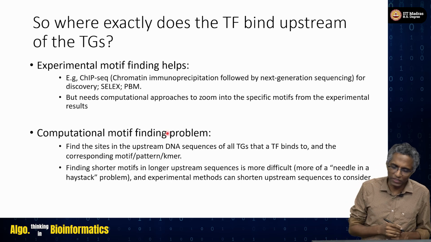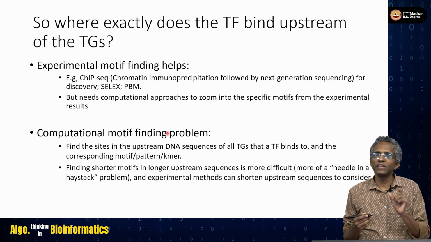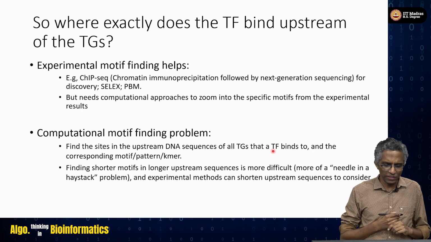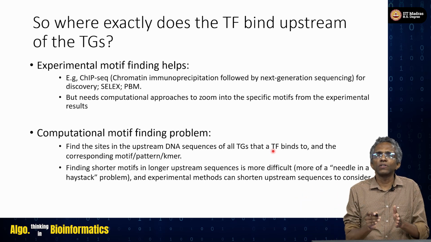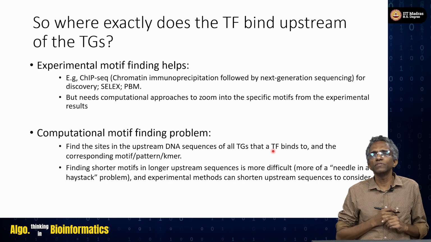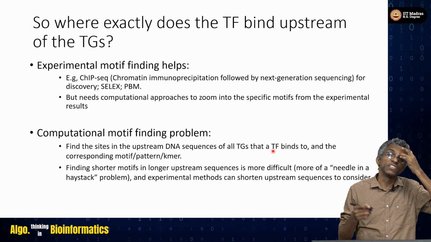Computational motif finding, on the other hand, given a set of upstream DNA sequences, finds the exact locations of the motifs, right, where this transcription factor will bind to. But then if you have very long sequences or very short motifs, right, so very long upstream sequences of genes and very short motifs, then this is a needle in the haystack problem, right. It will be very hard to figure out where the motifs are.